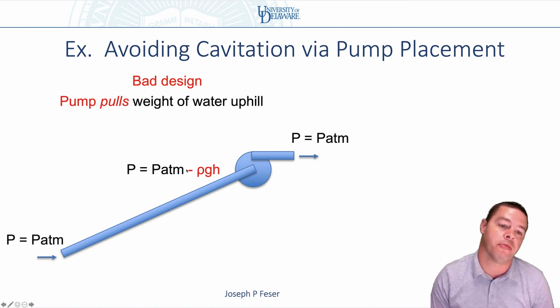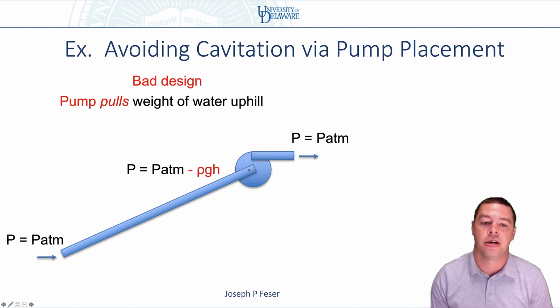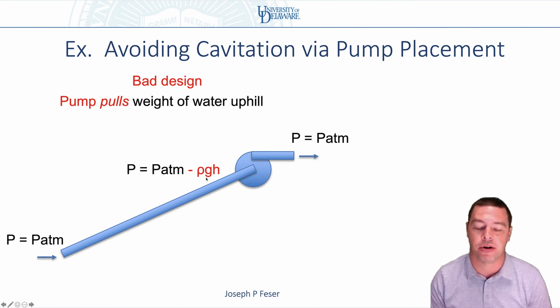The important part is that if you try and pull water uphill, the pressure at the inlet will be lower than at the outlet. Remember that the pump is going to add pressure, so the inlet comes in lower and the outlet pressure is higher. But in this case, the inlet absolute pressure is actually below atmospheric pressure.